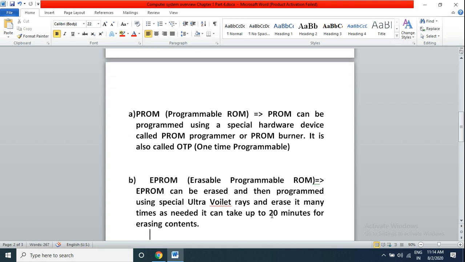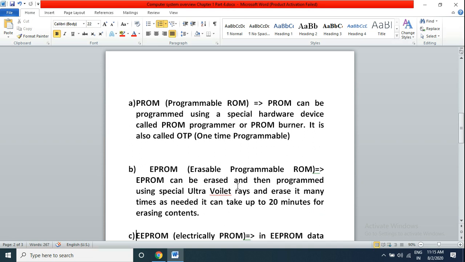Second is EPROM. EPROM's full name is erasable programmable read only memory. EPROM can be erased and then programmed using special ultraviolet rays. In this technology we use ultraviolet rays to erase the data of the ROM, and it can be erased many times as needed.